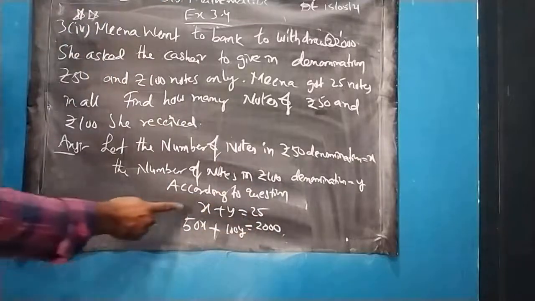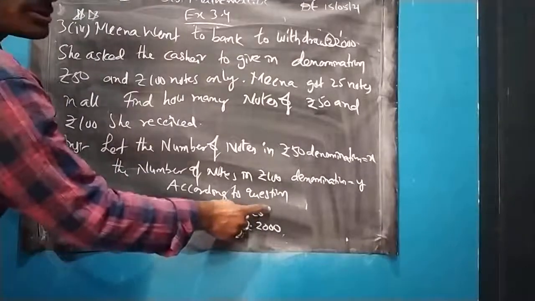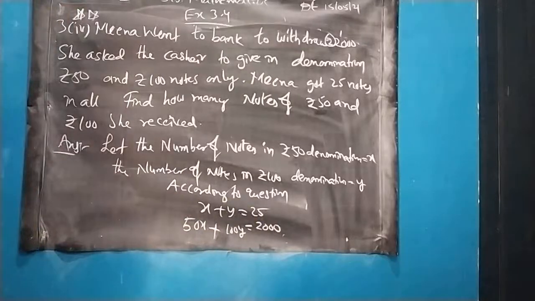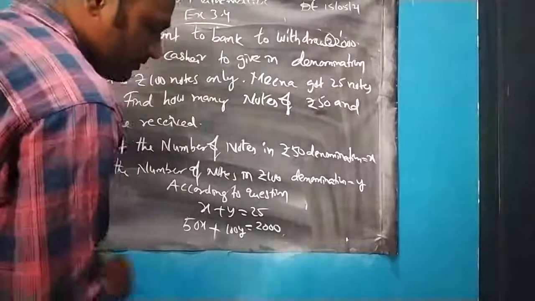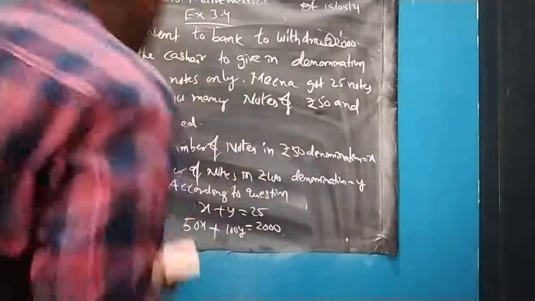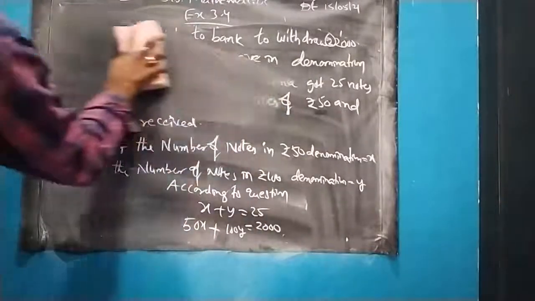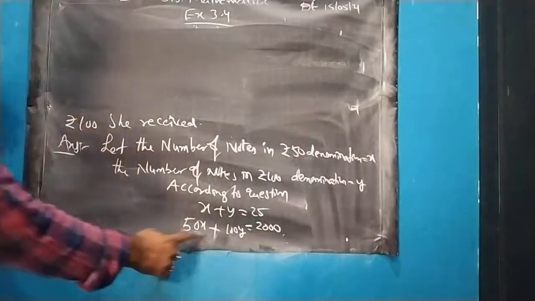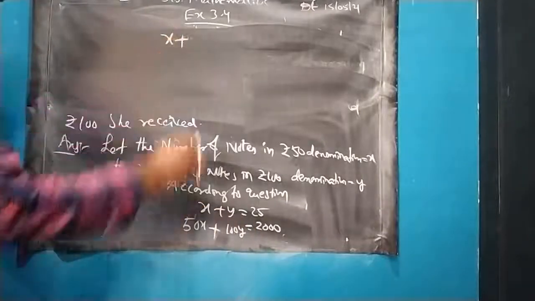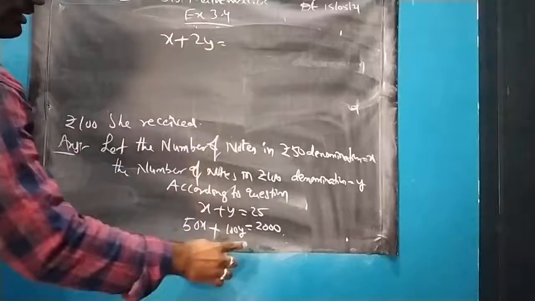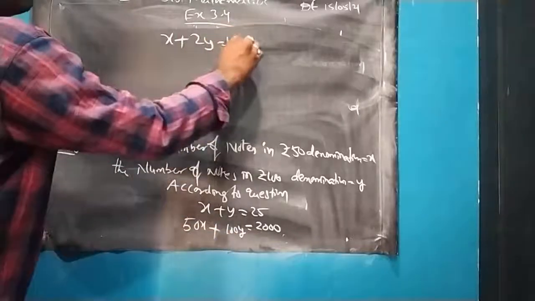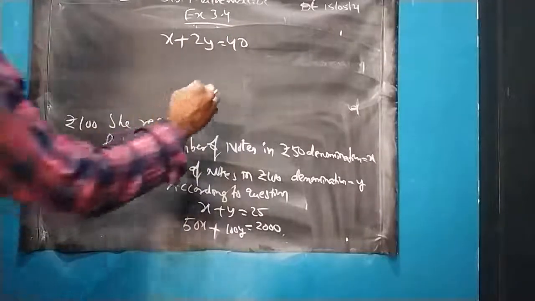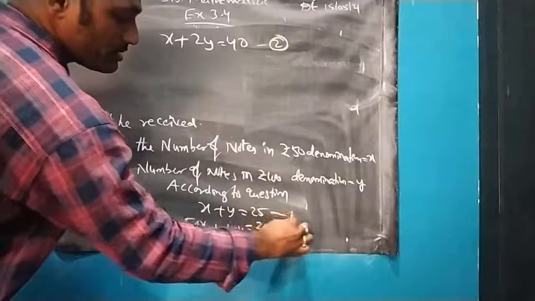These are the number of notes, and here total money, like that equation should be formed. If I cancel in the 50 table, 50 ones are 50, 50 twos are 100, and 50 forties are 2000. So this is the equation 2, x plus 2y is 40, and this is the equation 1.